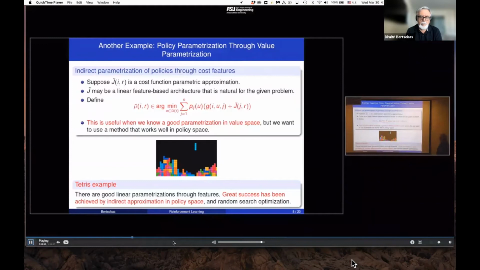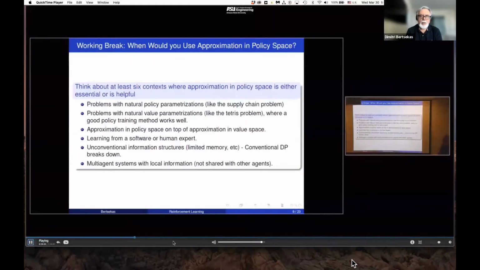So this is an example where we have a good linear parameterization through features, but we use approximation in policy space and training in policy space through random search. Okay. So there's another context of using parametric approximation in policy space. So let's take an early break and think about that.